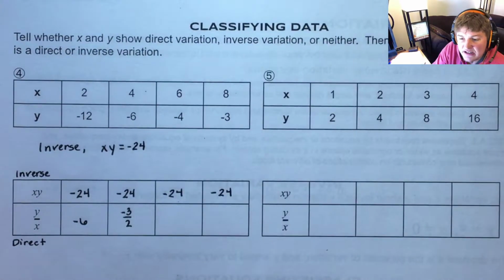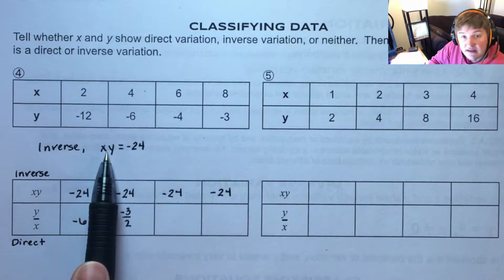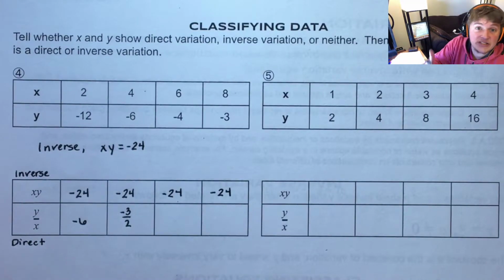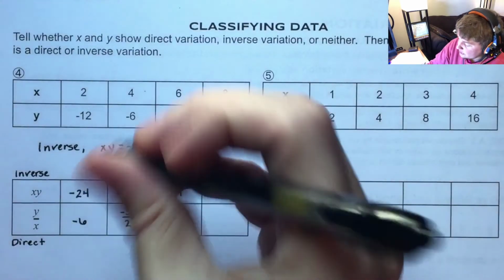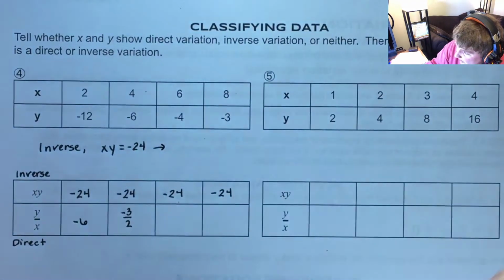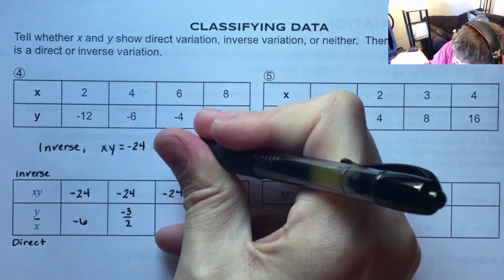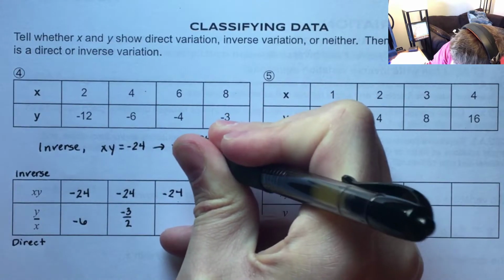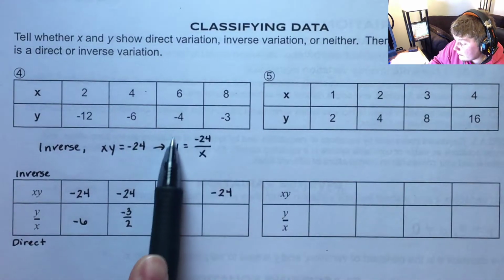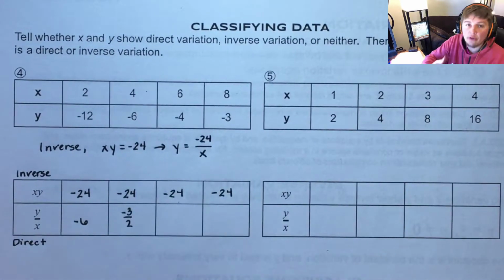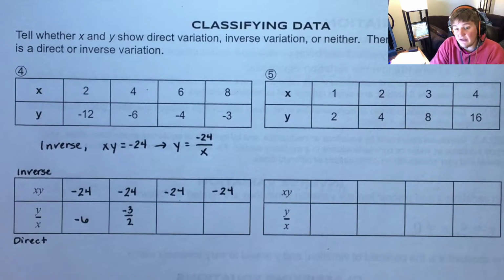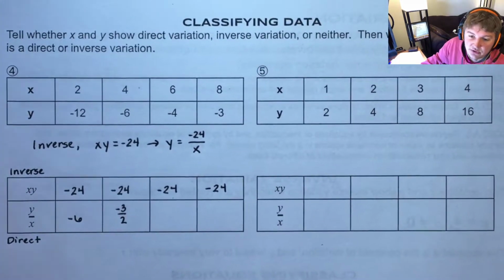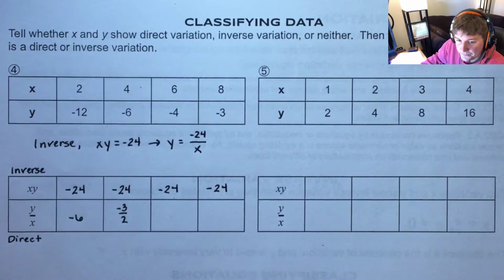If you're taking a test and doing this problem, I would take this as 100% perfect work because it's mathematically correct. Although, more than likely, you're going to see the y variable isolated, so you're going to see y is equal to negative 24 divided by x. I would prefer to see this answer, although I would not count it against you if you left it as x times y equals negative 24.